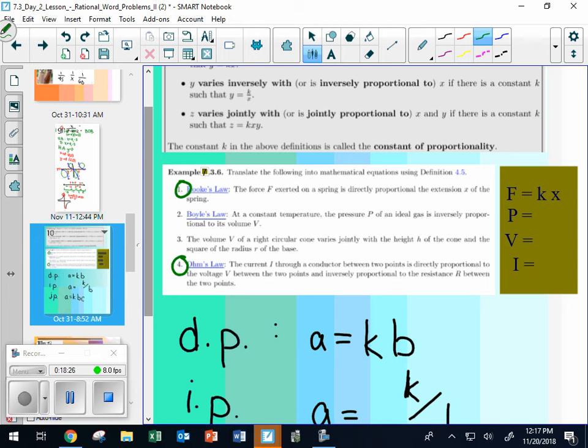Ohm's law right here is basically using the current, I, and it says that it's directly proportional to the voltage, or the power, which is V. And so if it's directly proportional to the voltage V, where should I put the voltage? If I have I and I have V, do they go on the same side? Do they go on different sides? What do we do?